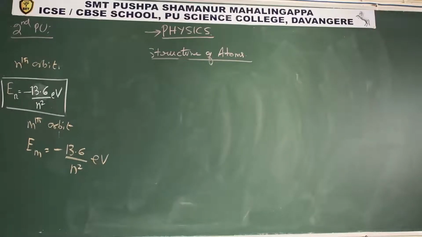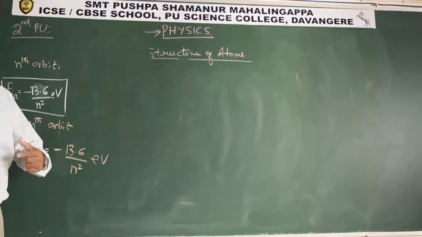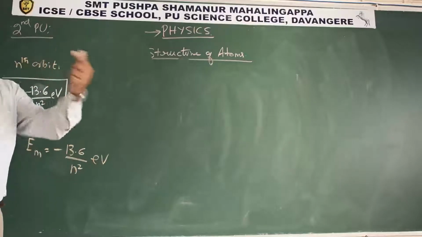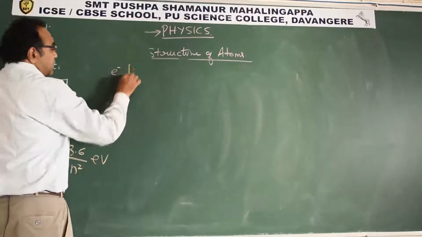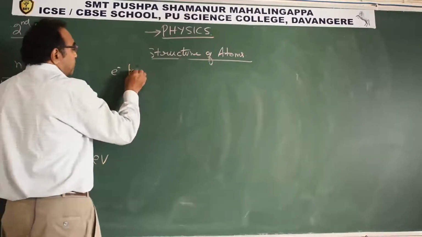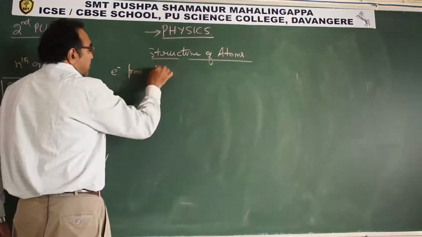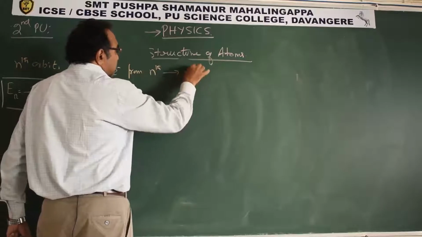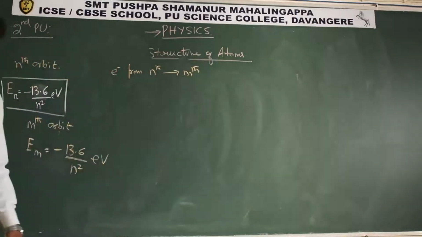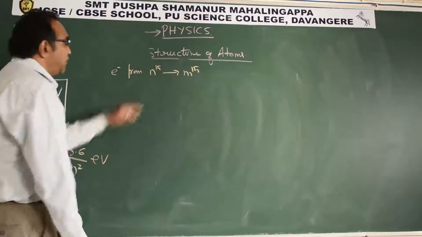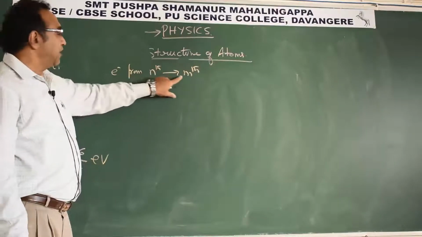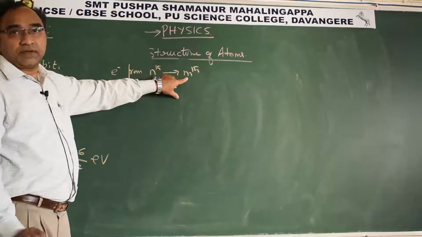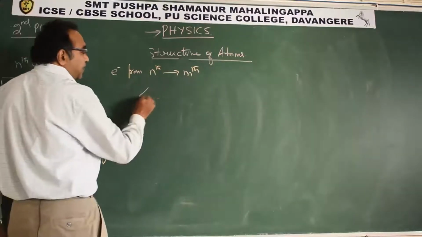Correct? Now let us assume that the electron jumps from the nth orbit to the mth orbit. Initial is n, final is m. Fine? So what is the energy transition?